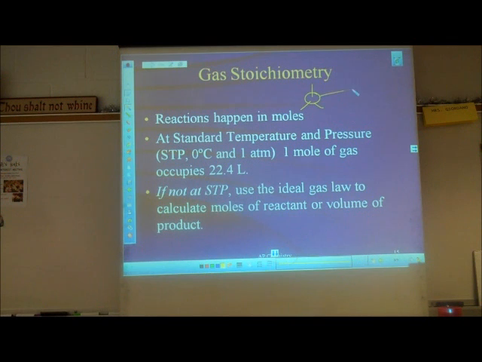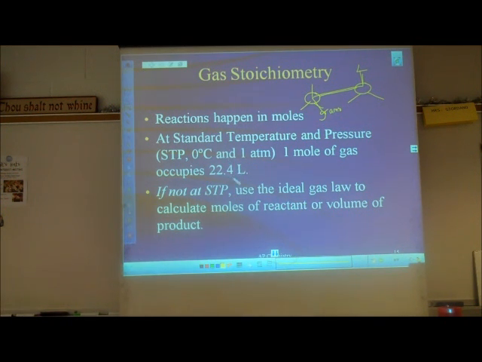If I was given grams of reactant and I'm asked to go to liters of product, how many steps is this problem? 1, 2, 3. It's just train tracks, T-chart, whatever you want to call it, a 3-step conversion, and it is okay to use that number 22.4.